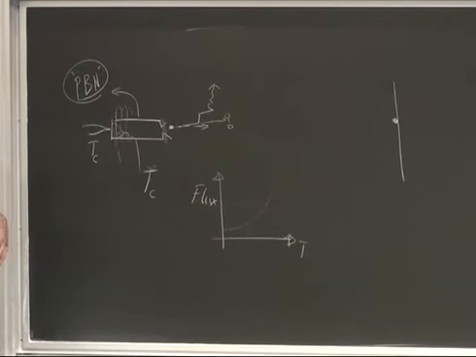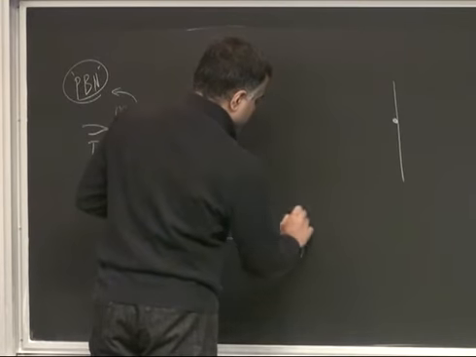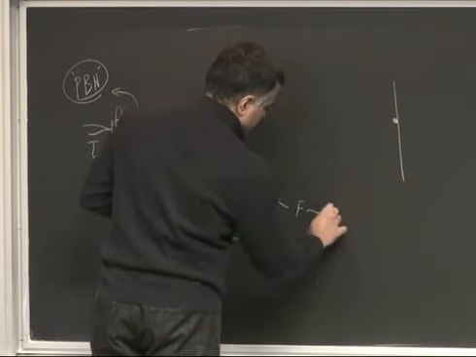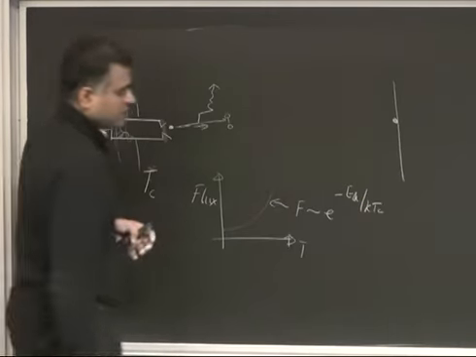The flux of atoms that comes out because of heat is an exponential with temperature, with a certain activation energy over k times the temperature of the heater.